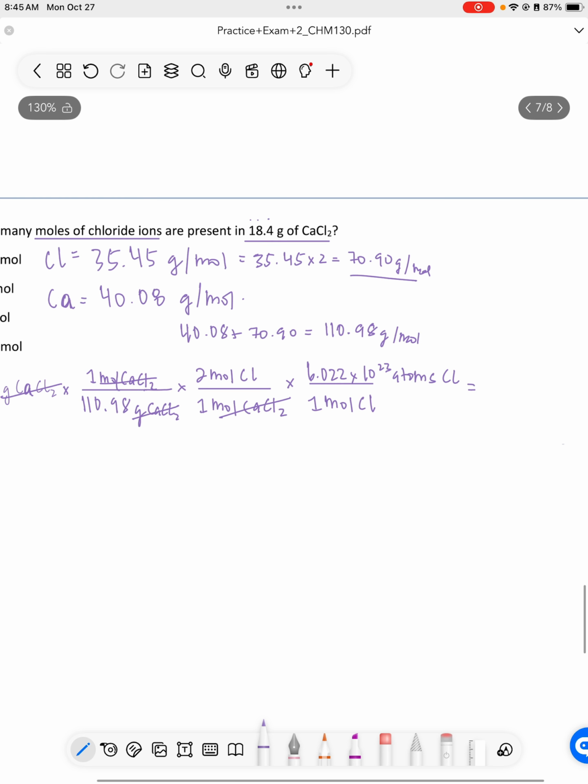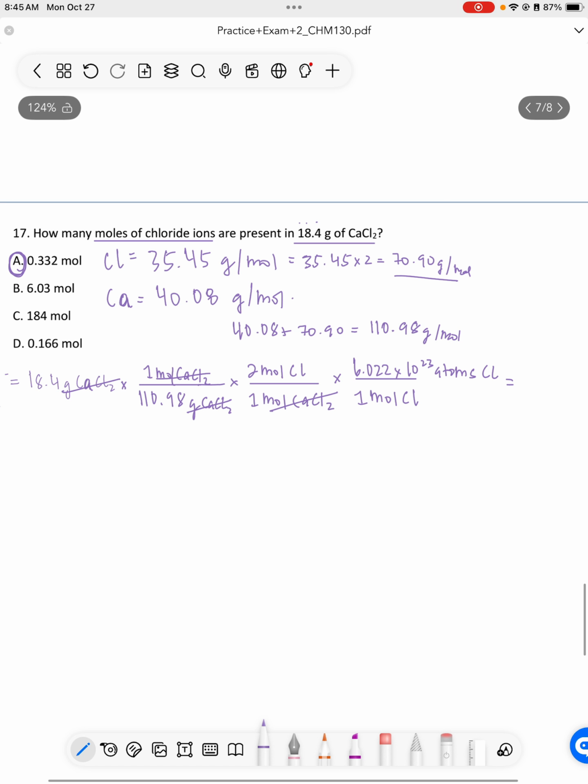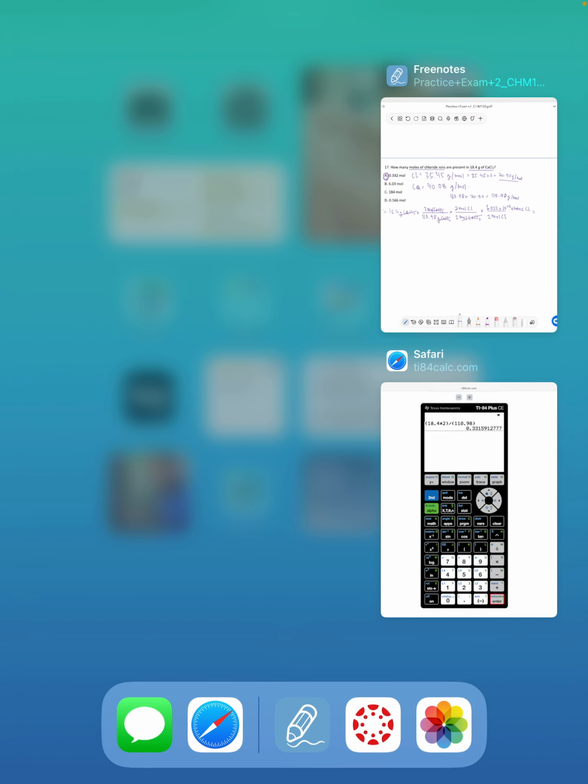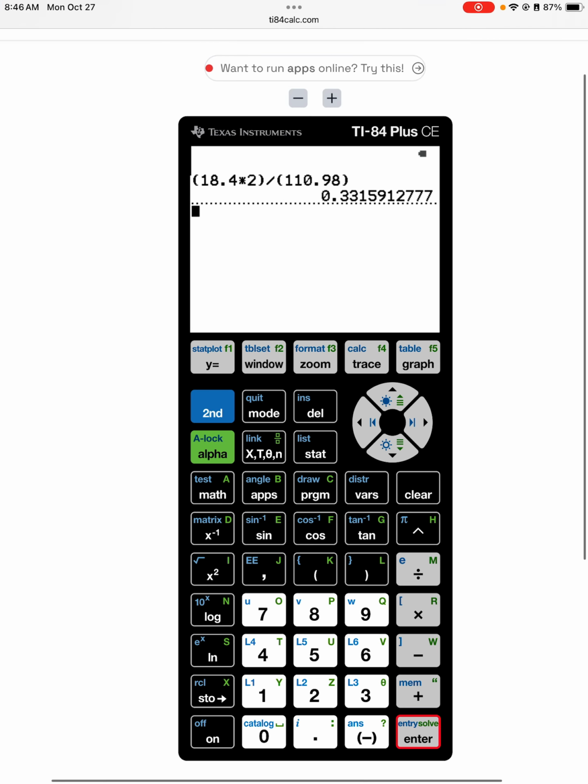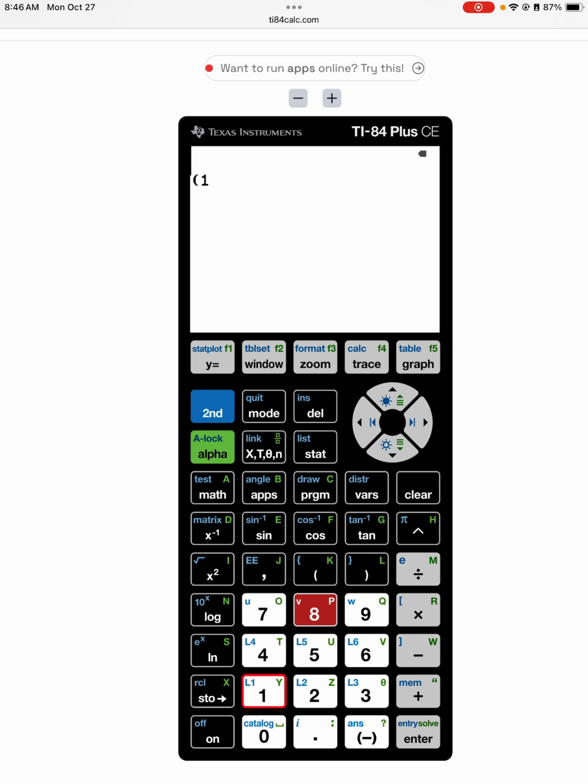Okay, let's do this in the calculator because this will be a good practice for us. So let's see, we have 18.4 times 2 times Avogadro's number. So we're going to do parentheses, 18.4 times 2. Now we're going to do Avogadro's number, so it's 6.022 EE 23. And parentheses, divided by the molar mass.